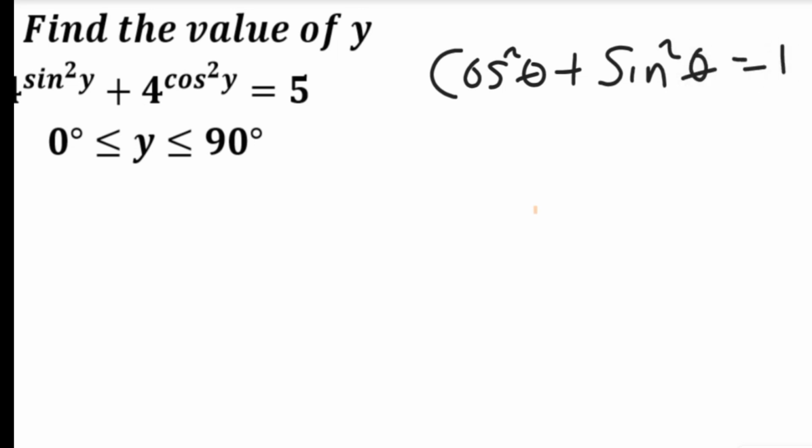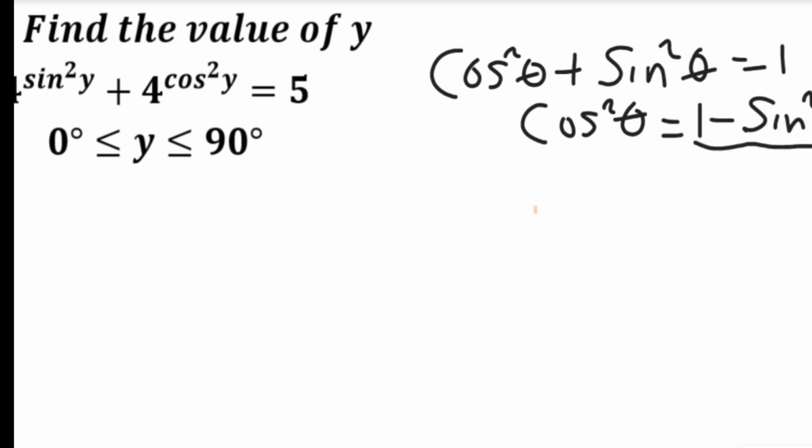Whichever comes first, you can put sine square theta plus cos square theta. So from this expression, we can have cos square theta equal to 1 minus sine square theta. This is one of the trigonometry ratios we'll have. So wherever we see cos square theta, we're going to input 1 minus sine square theta.